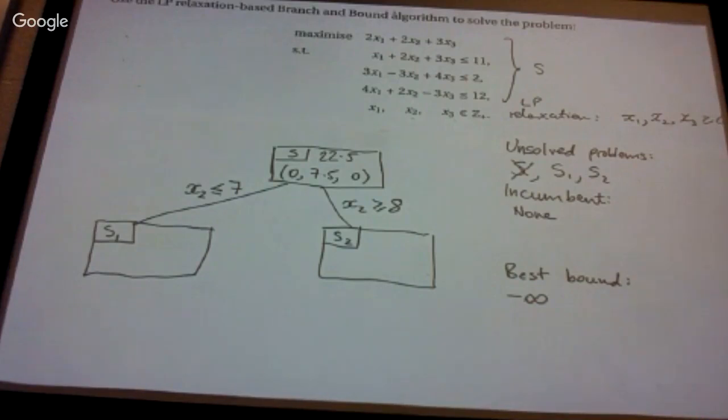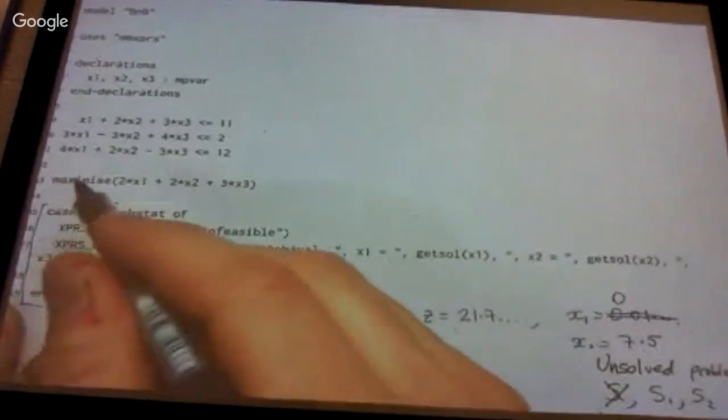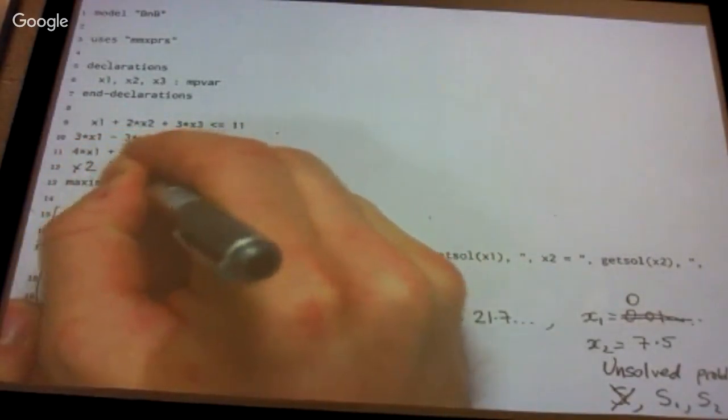Which one would you do first? S2? Okay, so you pick S2. So in this code, x2 is greater than or equal to 8. You need to add the constraint. So here you add x2 greater than or equal to 8.